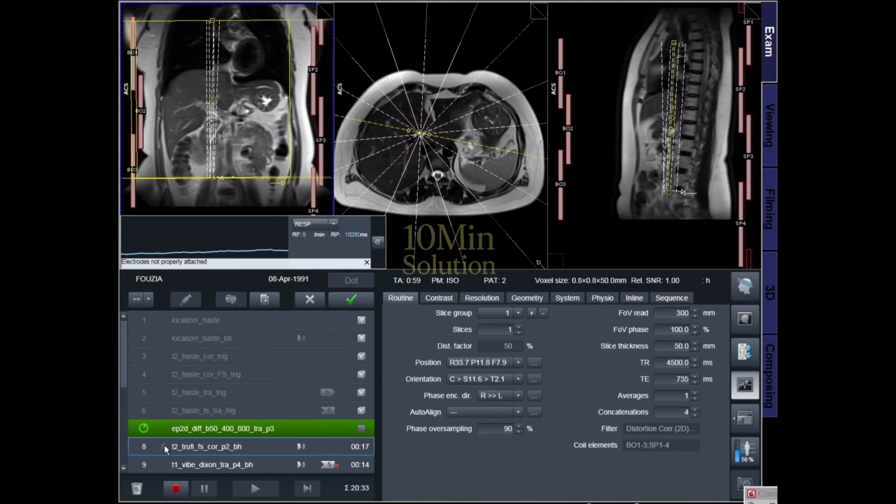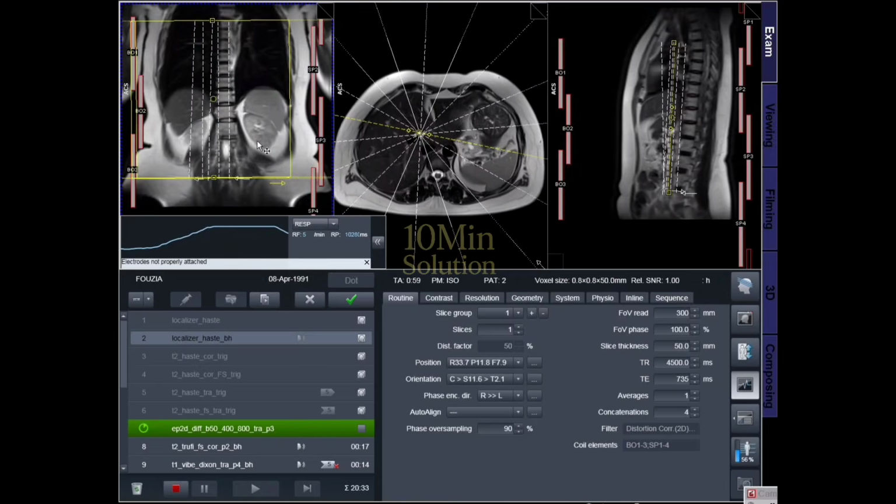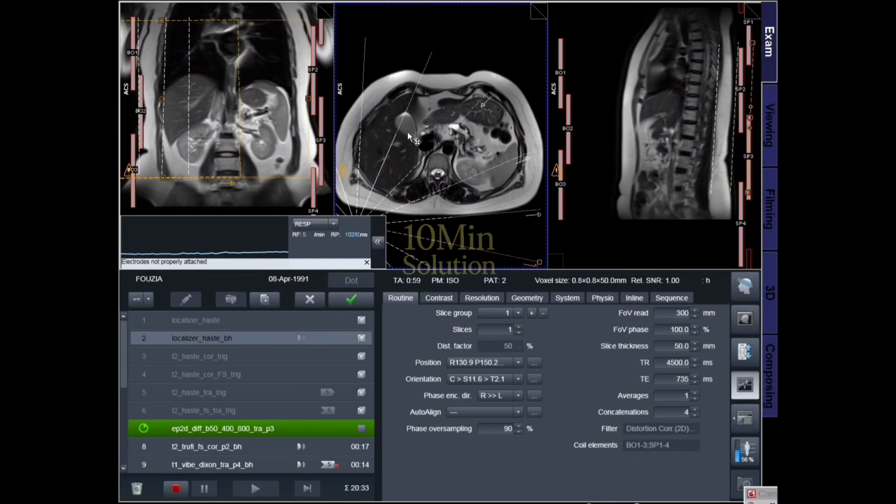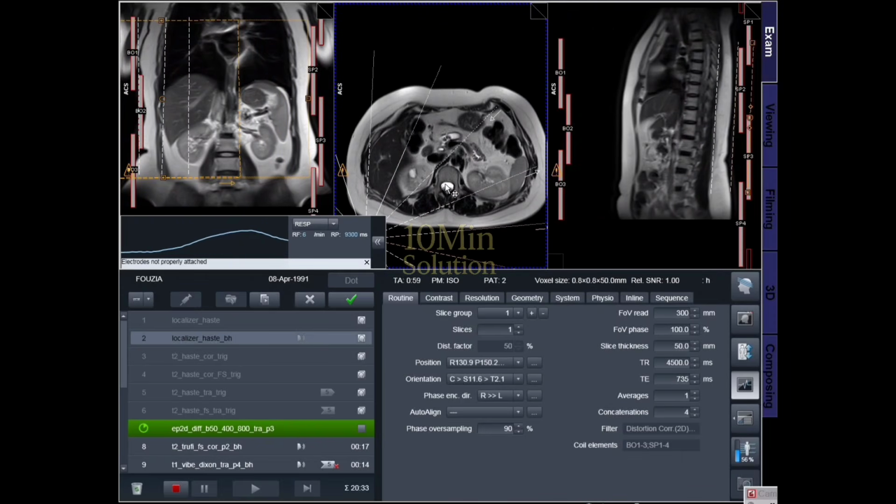Look at this, this is the gallbladder, and look here.